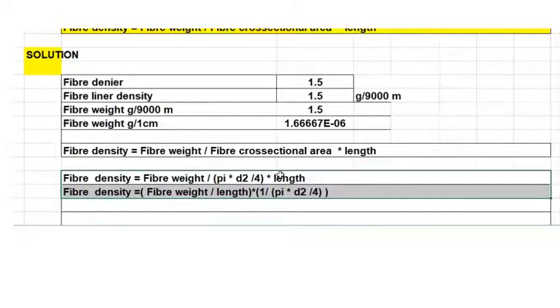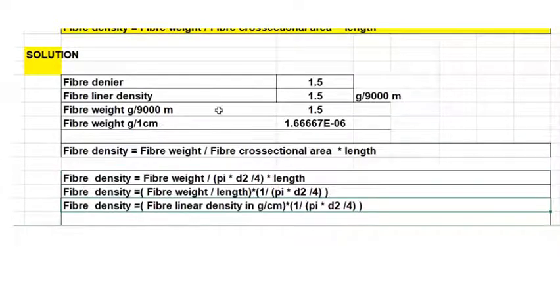We are putting that here, and we are separating and writing the right hand side: fiber weight by fiber length into 1 by pi r square or pi d square by 4. Next, fiber weight by fiber length is your fiber linear density.